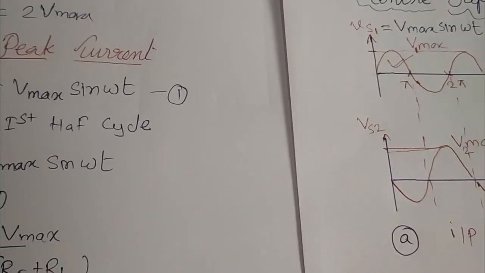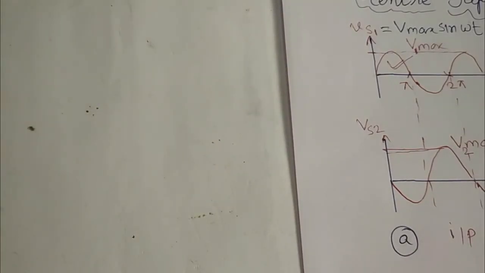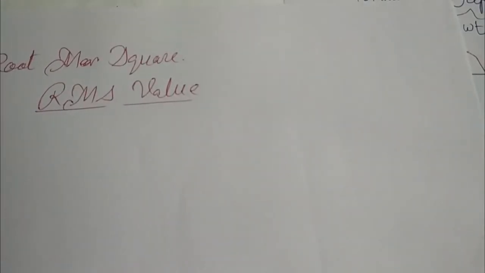Now we will see the RMS values, root mean square values of output. The sixth parameter is root mean square, that is RMS value.